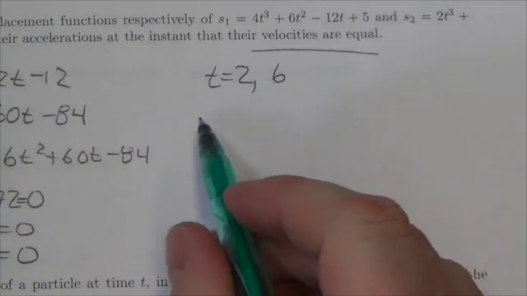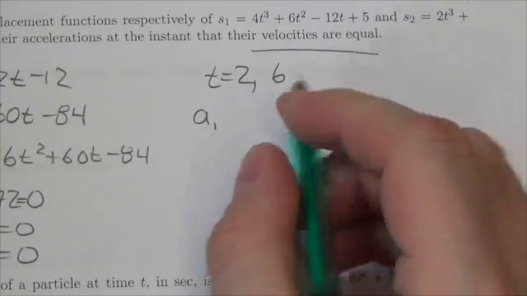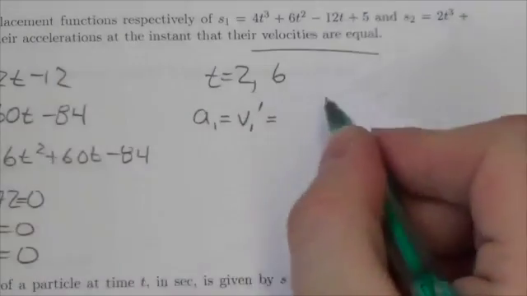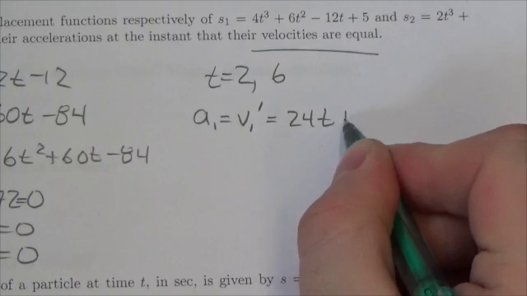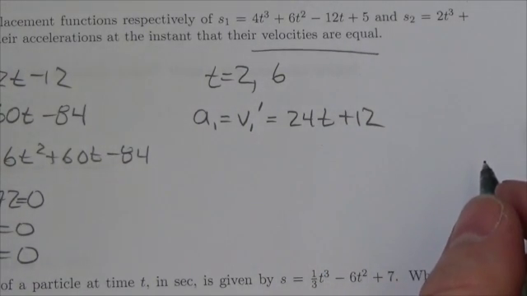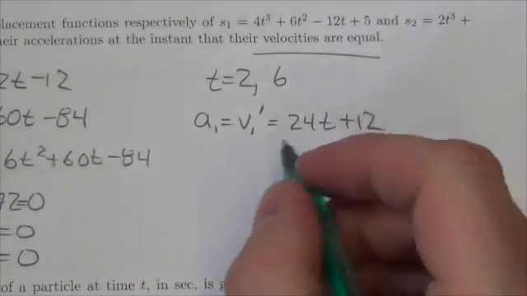Now, what I'm supposed to do is figure out the accelerations. To figure out the acceleration of the first expression, I will take the derivative of the first velocity function, and that will be 24t plus 12. Now I'm supposed to evaluate this at the instants when they're the same.